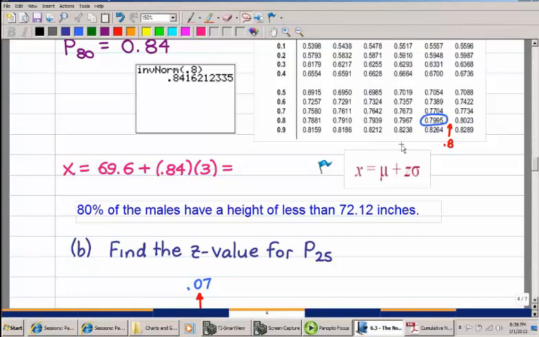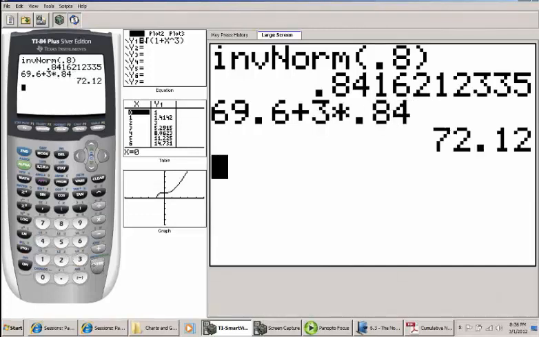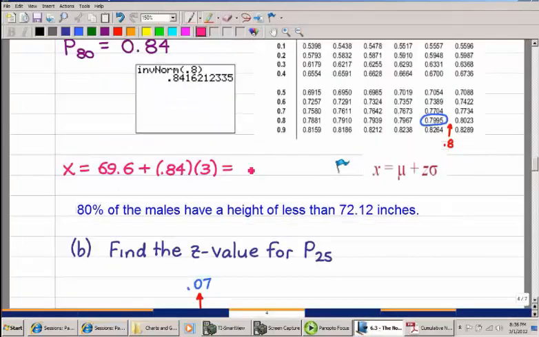And that's going to give us, calculate this, 69.6 plus 3 times 0.84, 72.12. So 72.12 inches would represent, as a statement I have below, that 80% of the males have a height of less than 72.12 inches.